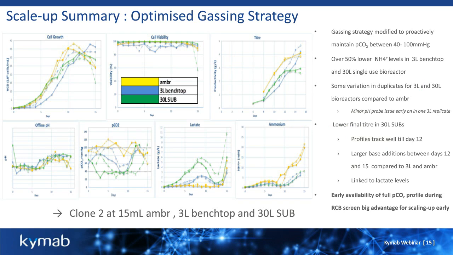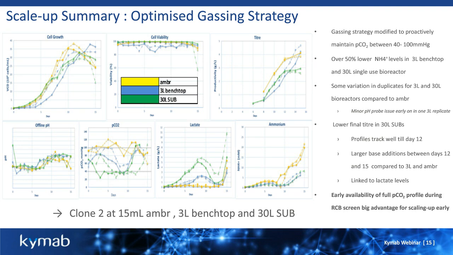This slide shows a summary of the scale-up data for clone 2 overlaid with the previous ambr data. Now, the ambr data is shown in yellow, while the 3-liter benchtop bioreactor data is shown in blue, and the 30-liter SUB data is in green. The optimized gapping strategy was applied to both the 3-liter and 30-liter bioreactors.